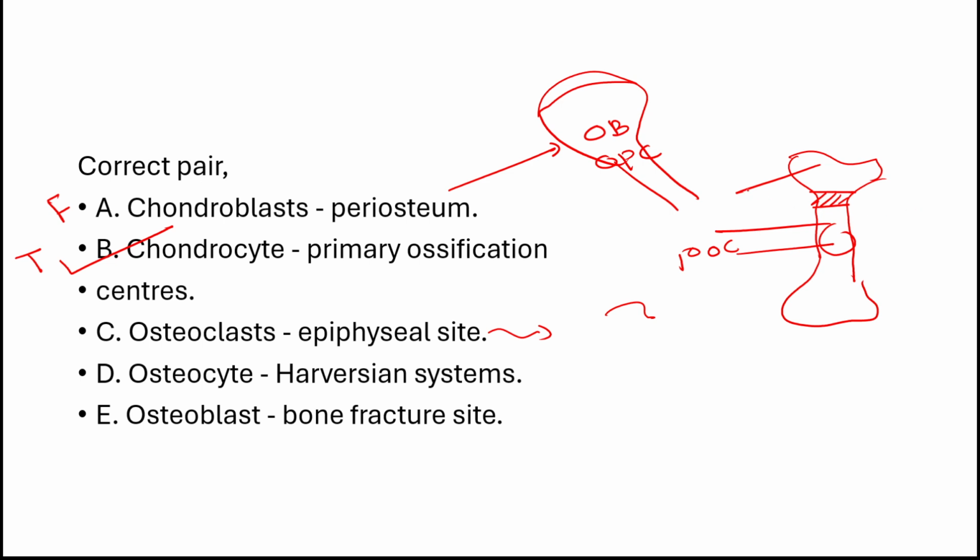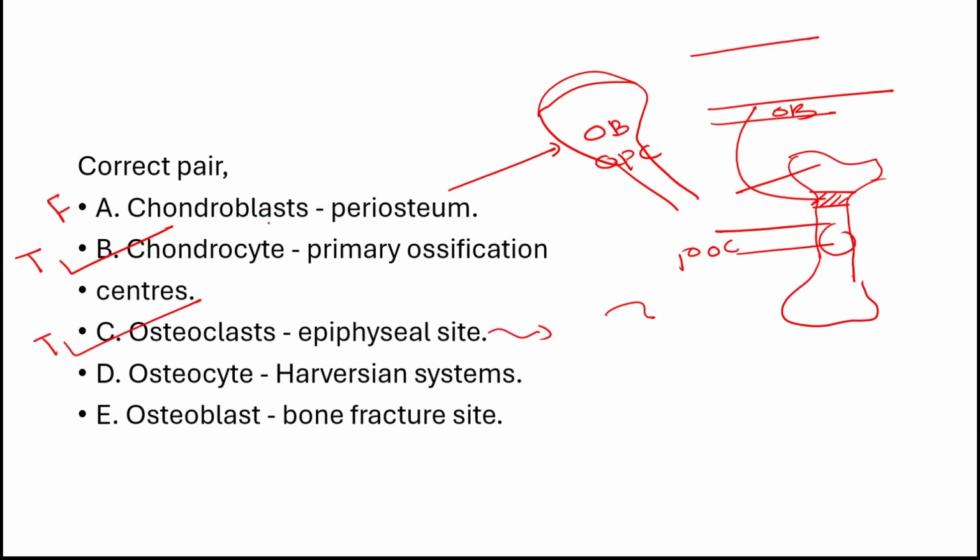So both in the diaphysis and the epiphyseal region, you will see osteoclasts because they are involved in bone remodeling. Yes, but in the metaphysis, again, osteoblasts are seen, because if you remember, the metaphysis consists of a particular zone which is called the ossification zone. This ossification zone is composed of osteoblasts. So this is a true statement.